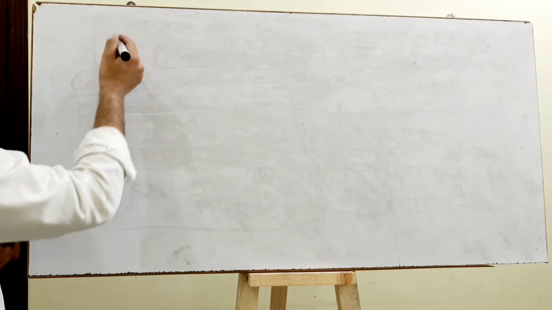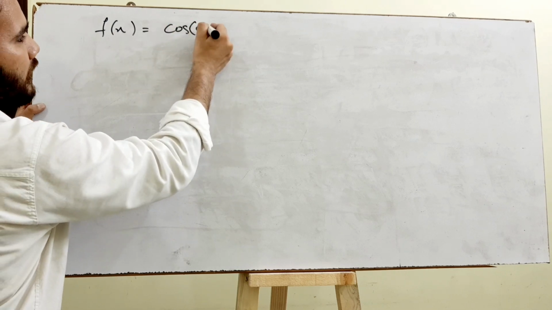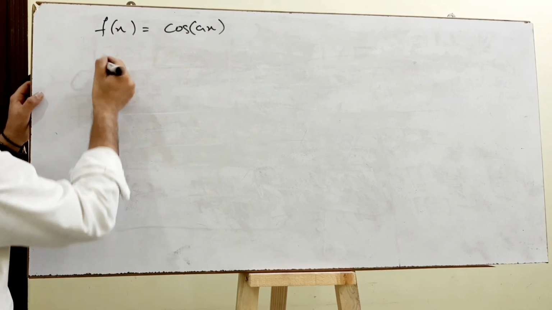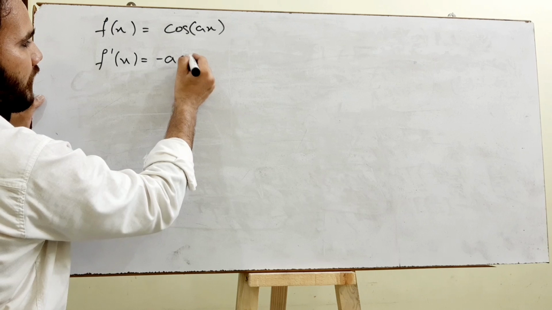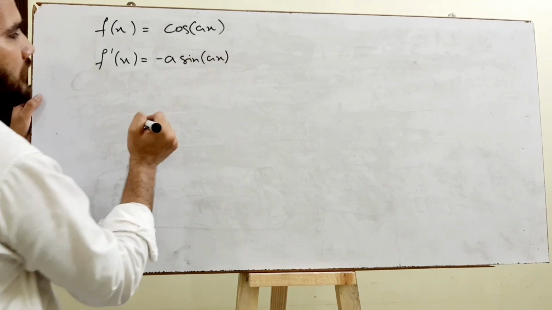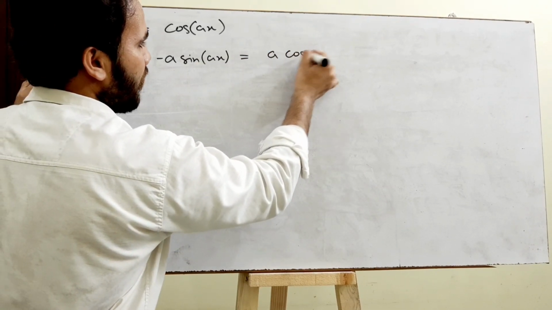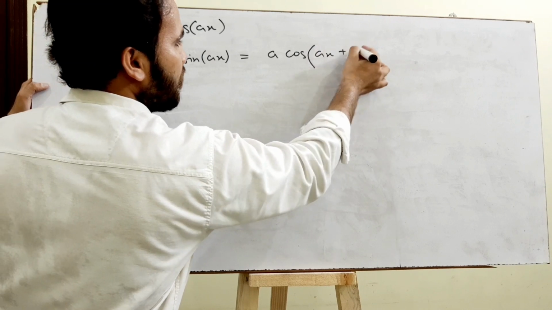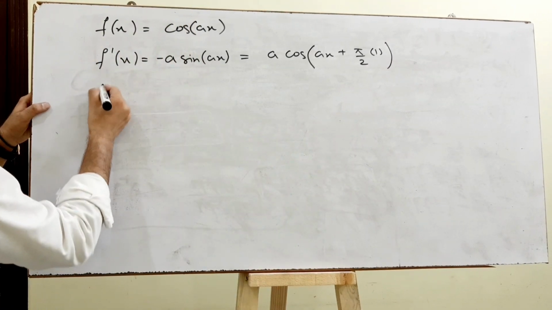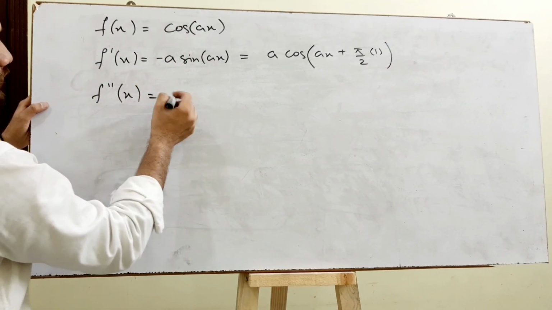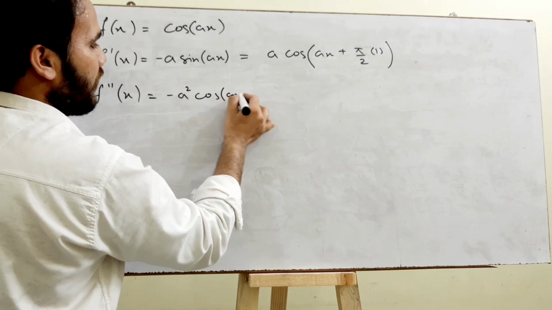We have another elementary function, that is f of x equals cosine ax. So the first derivative of this function is negative a sine ax, or we can rewrite this one as a cosine (ax plus pi/2 times 1). The second derivative of this function is just negative a squared cosine ax.